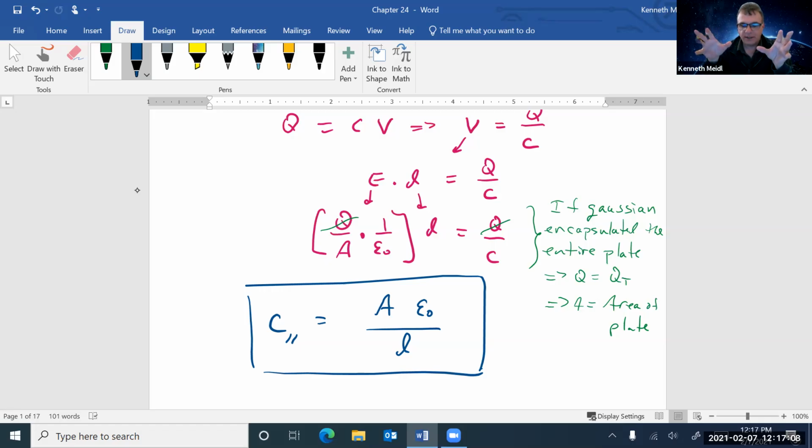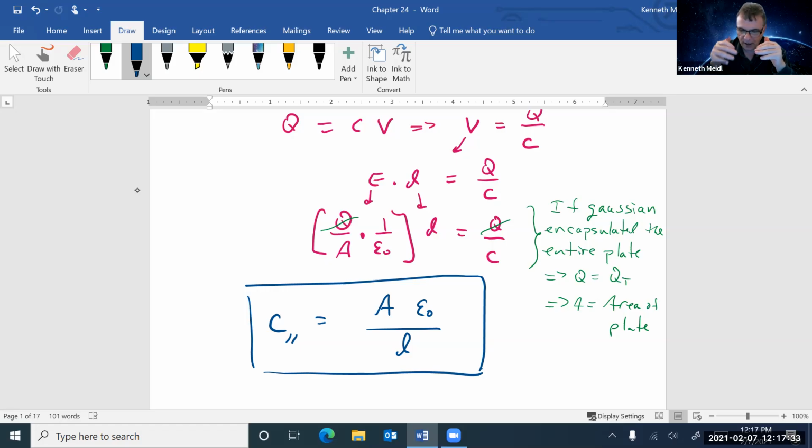But there's really two things that you should take away from this, because in any type of capacitor that you're dealing with, you will see essentially the same elements keep showing up. The function will always look different, but you always see the same elements here. A and D really describe how big the plates are and how close or how far apart they are.